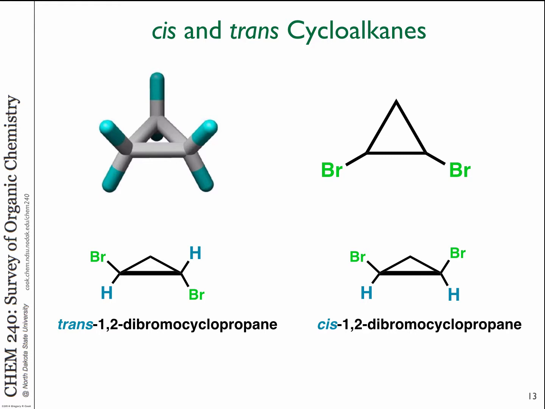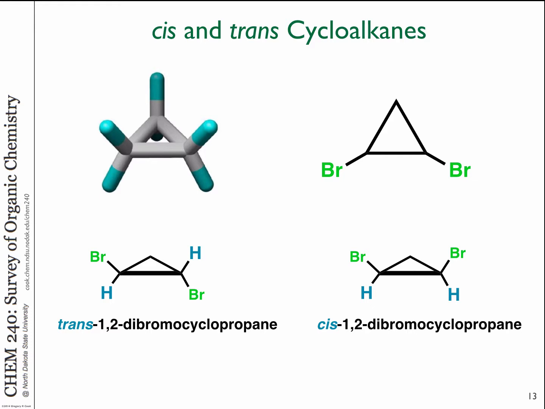Molecules which have the exact same number and kind of atoms, but somehow are different molecules. That could be different because they have different connections, like we looked at constitutional isomers earlier. They're bonded together differently. Well here, all the atoms are bonded to the same atoms.